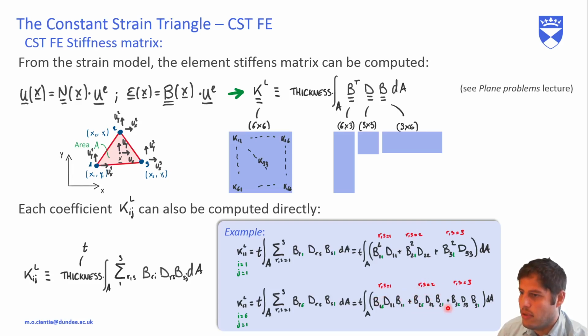For r, s equal to 2, this is what you get. For r, s equal to 3, and then you have to sum them. So look at this with patience, pausing the video, and try to do it yourself. We can calculate each component individually, okay? And this is important, and we'll see for our hand calculations, we don't want to do all of them. We want to know which ones and how to calculate each of them.